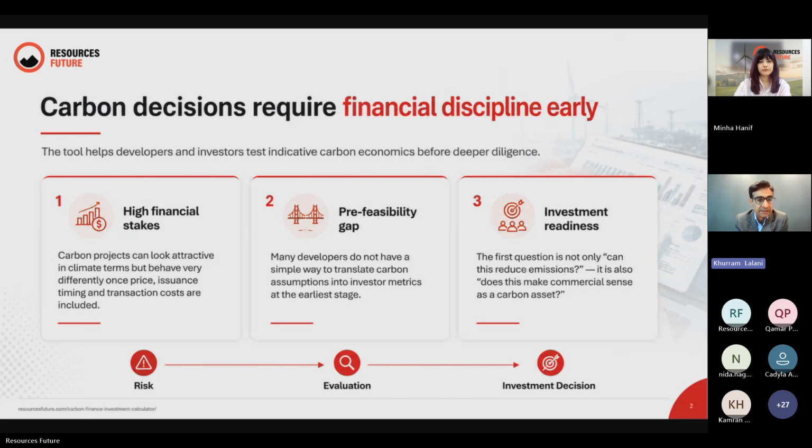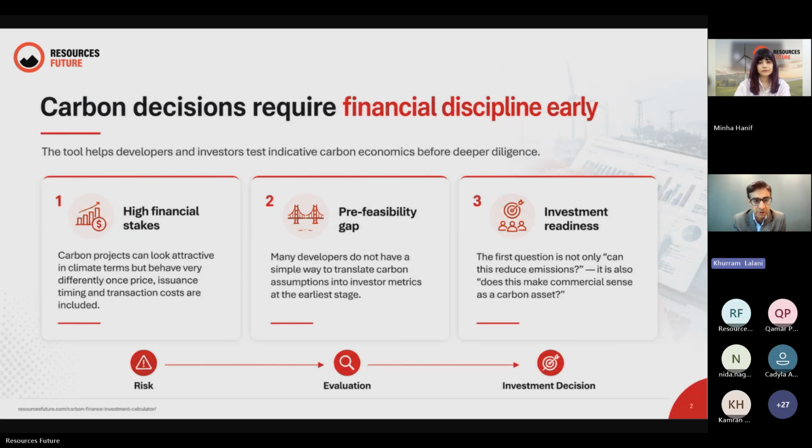Typically we see that when it comes to carbon projects, pretty much all the project developers tend to invest heavily right at the start. Apart from the project dynamics, just when it comes to carbon, a typical cost is around $100,000.